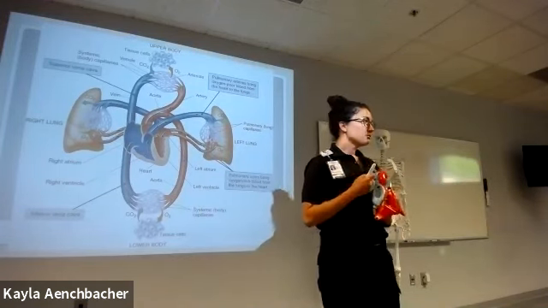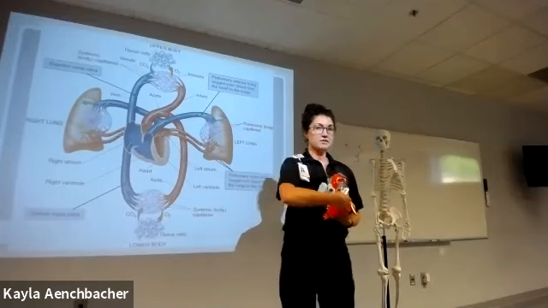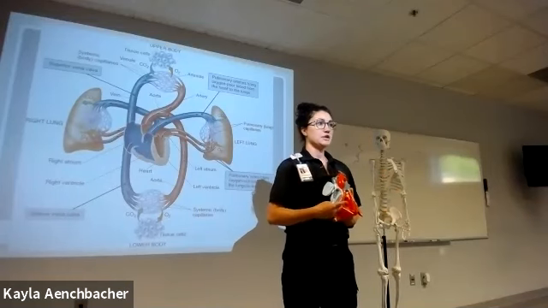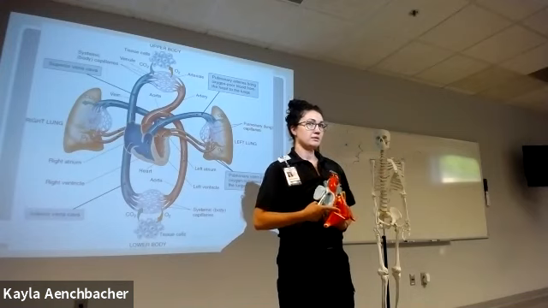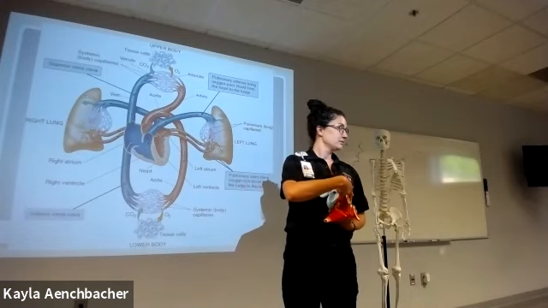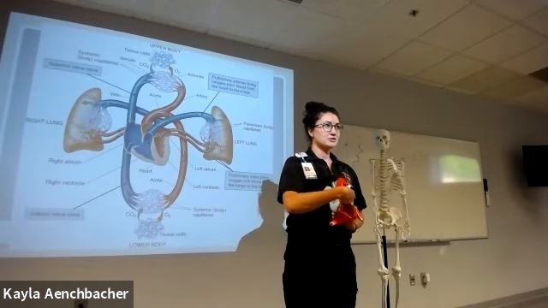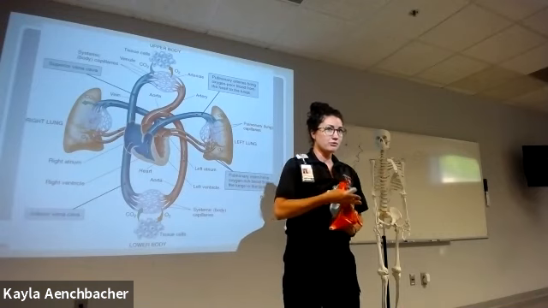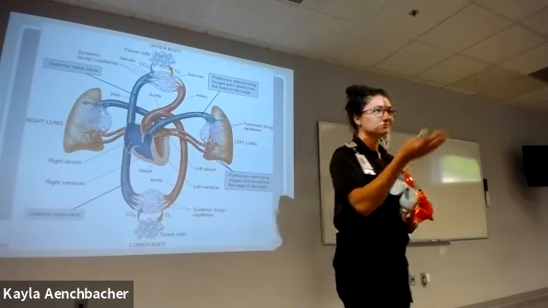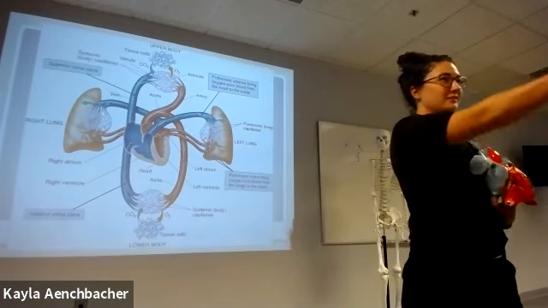It's easy to remember the valves on the right and left side of the heart because you're going to try before you buy, right? Tricuspid, bicuspid, try something before you buy it. Try before you buy. So you go from the left atrium to the bicuspid.